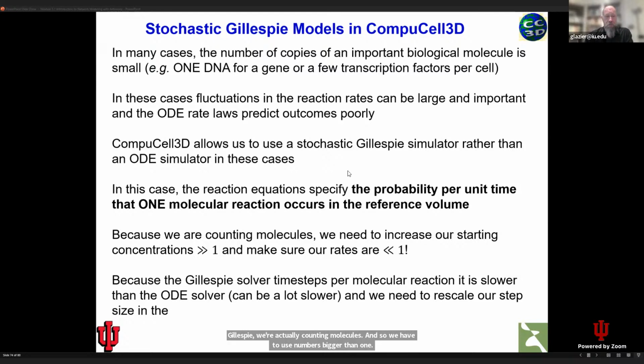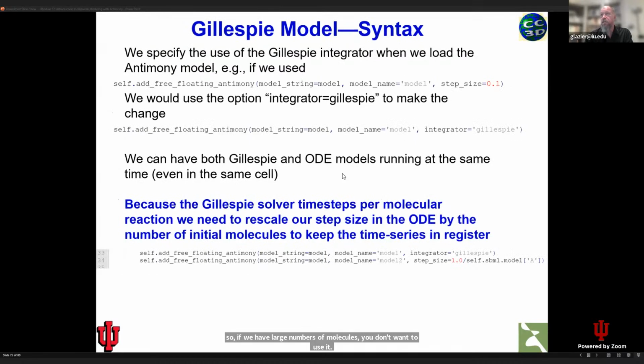The Gillespie solver actually does individual molecular reactions, and so it can be a lot slower than the ODEs. And so if we have large numbers of molecules, you don't want to use it. You also have to rescale the step size in the integrator based on the number of molecules.